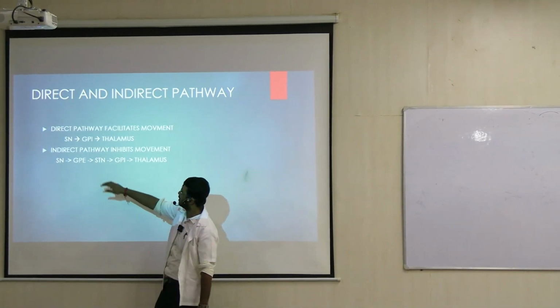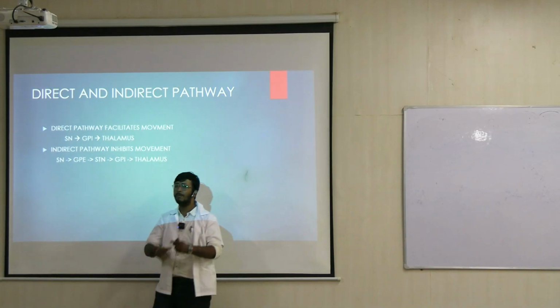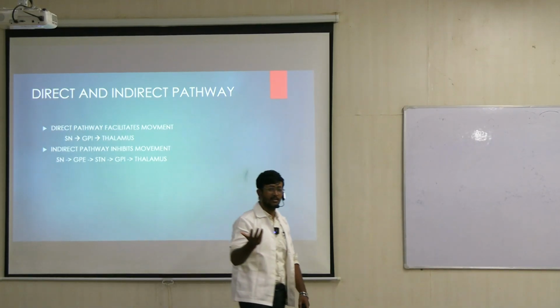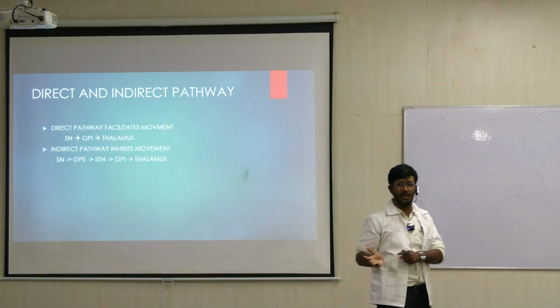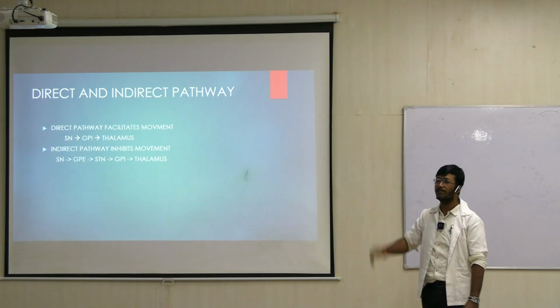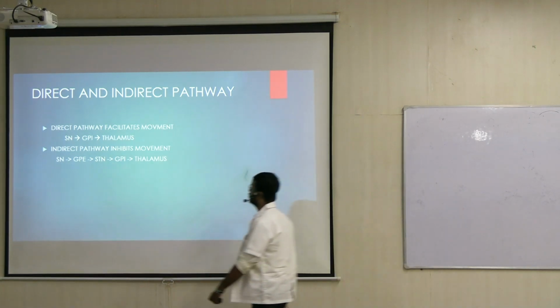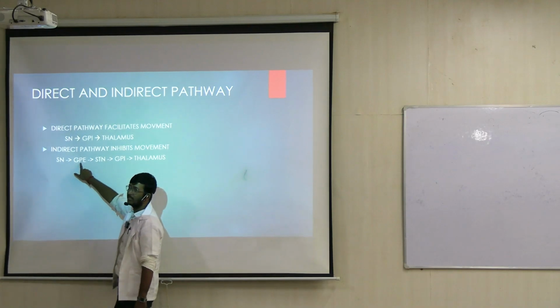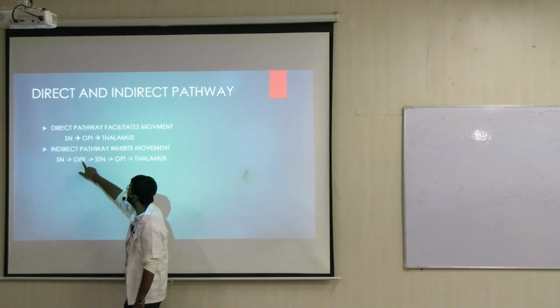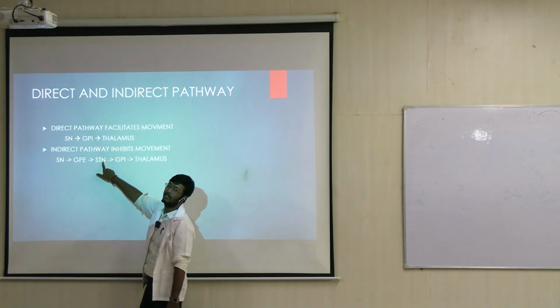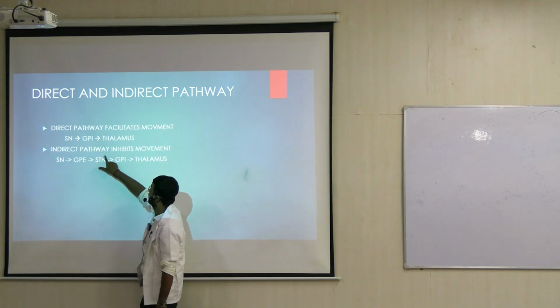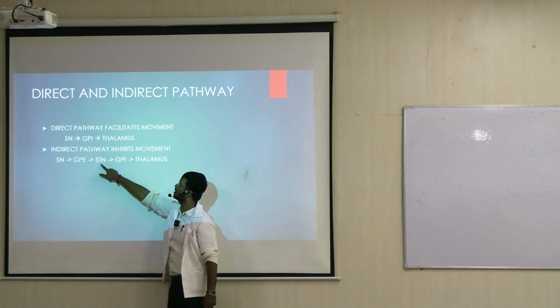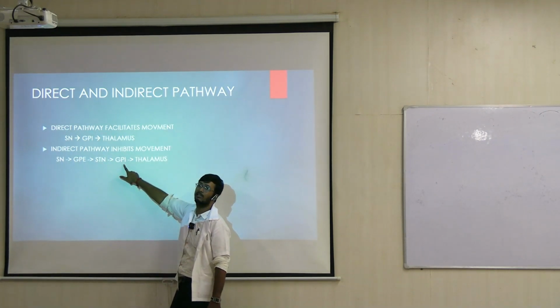But on the other hand, the indirect pathway. Before telling your father, you told the same thing to your friend, and your friend is the globus pallidus externa. This stupid friend told his mother, who is the subthalamic nucleus, and this subthalamic nucleus told your mother.